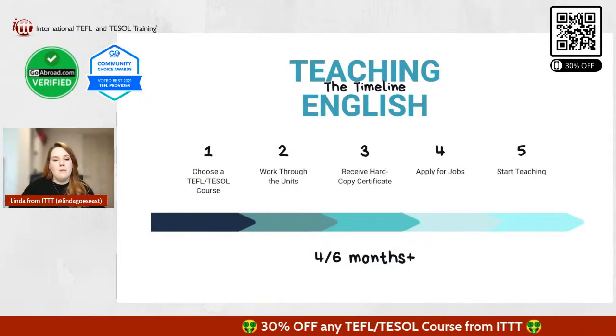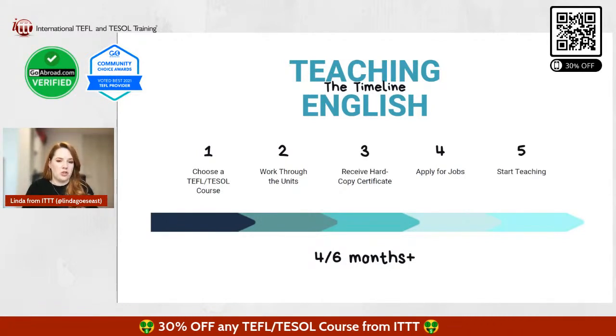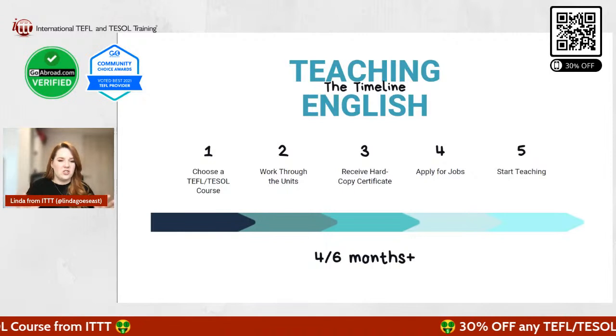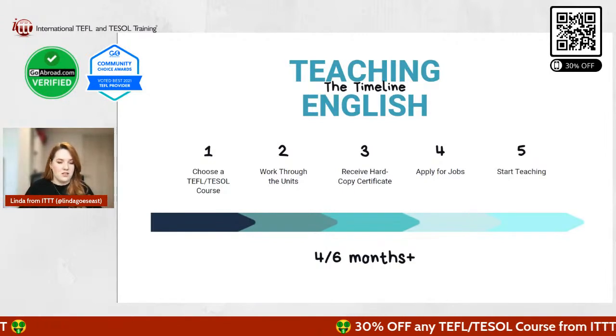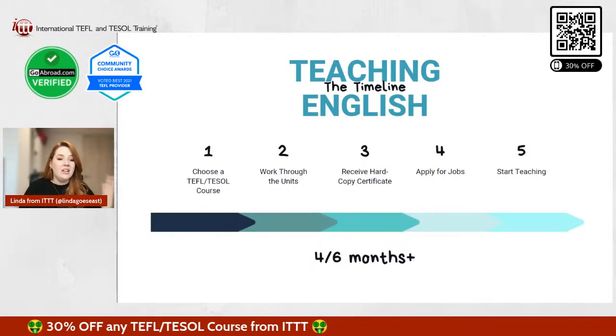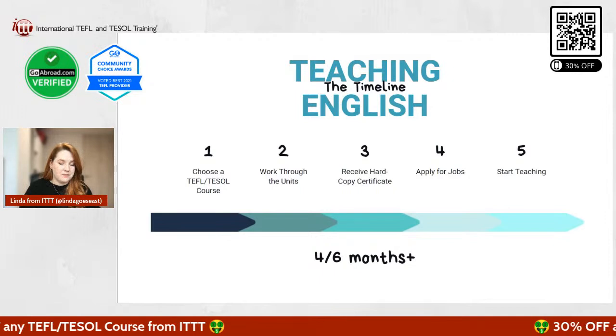You can do this from home. So it's much faster. So yeah, this is the teaching English timeline, just so that you know how long this whole process will take. The earlier you start, the better. And for teaching English abroad, like I said, a year in advance would be great to start.